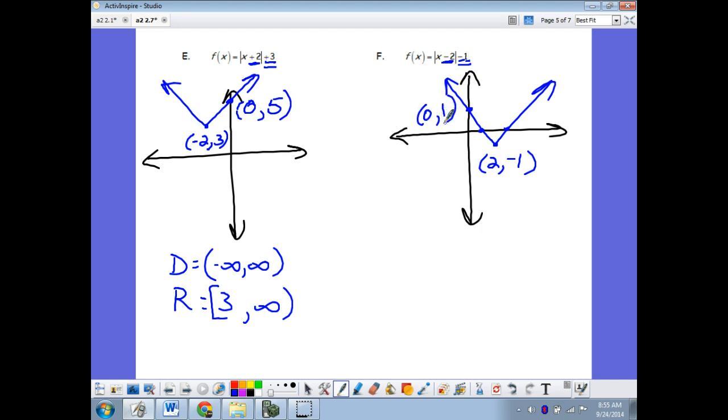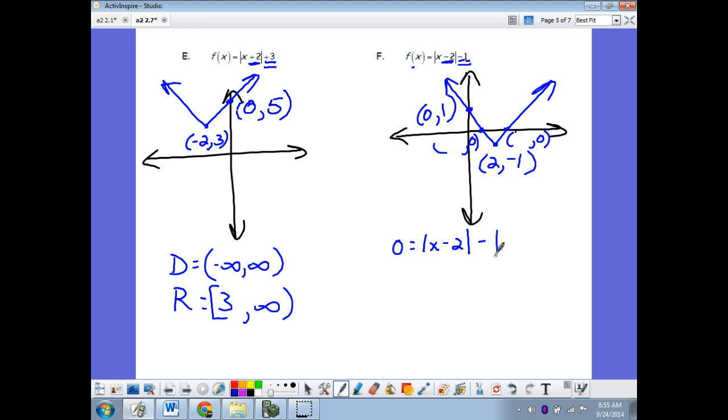Now to find the x-intercepts, we know that the y-coordinate at those points is 0. So we're going to plug 0 in for that f of x or y. So 0 is equal to the absolute value of x minus 2, minus 1.